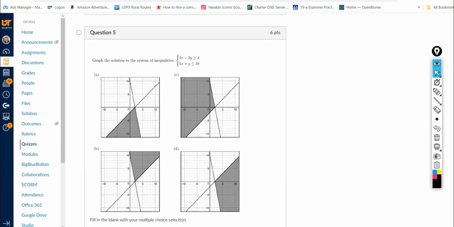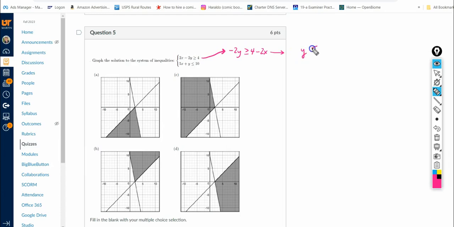Okay, let's continue. Graph the solution region. Well, first, let's get y by itself. Let's subtract 2x from both sides. That does not change the direction of the arrow, but then let's divide everything by negative 2.